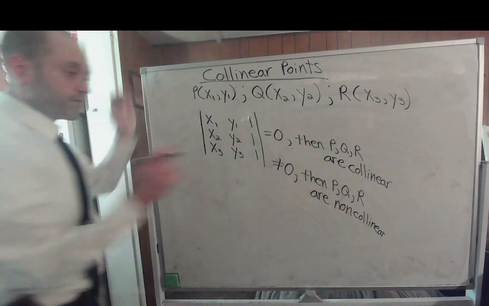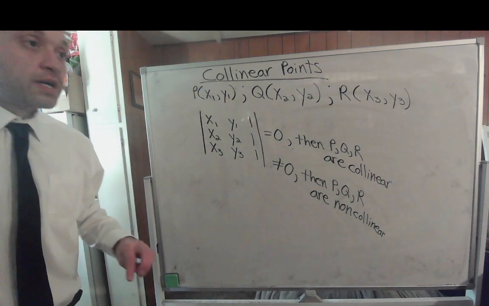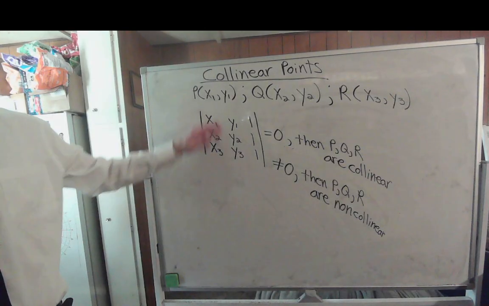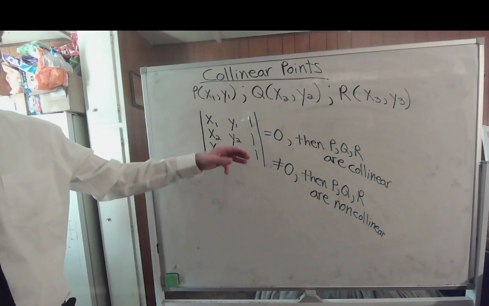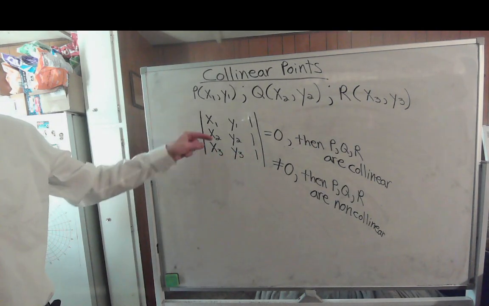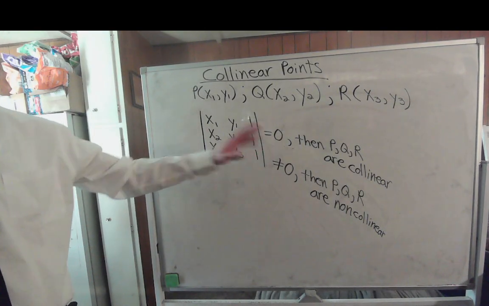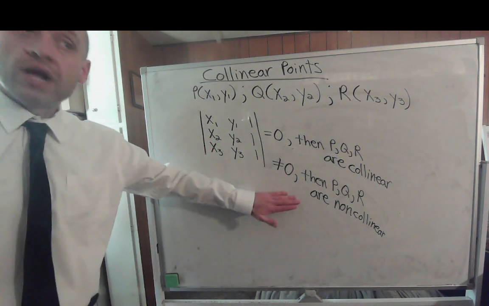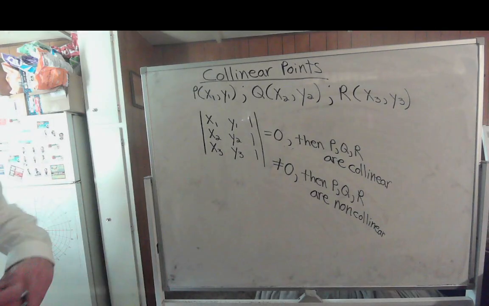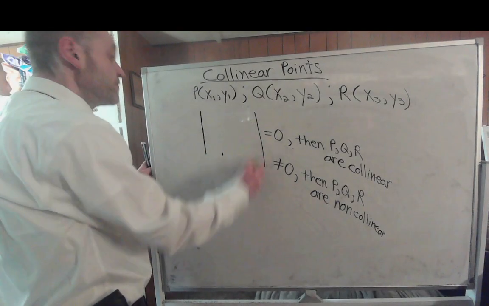So in order for these 3 points to be collinear, the determinant of these 3 points with that added 1 in the third column of each row must equal 0. If you get any other number but 0, they are not collinear. It's really that simple. So let's go ahead, we'll keep the format here. We'll do a few of these.